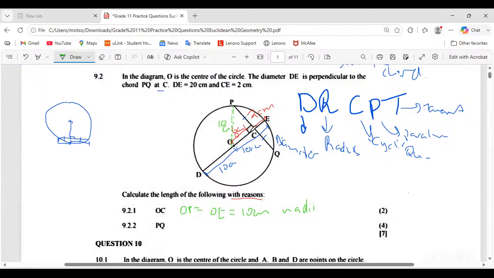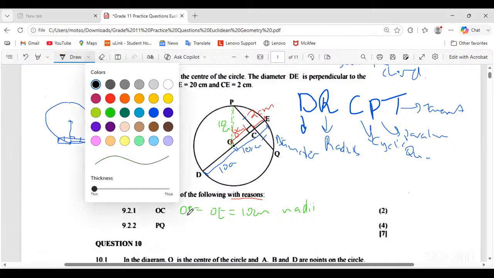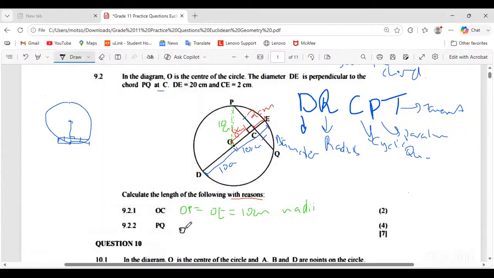Remember I said a right angle is an angle that is exactly equal to 90 degrees. So now let's go for our Pythagoras theorem. We will say OP squared is equal to OC squared plus CP squared.